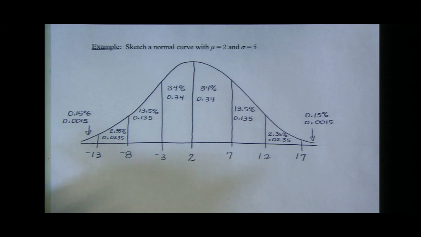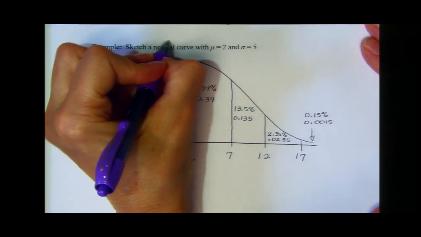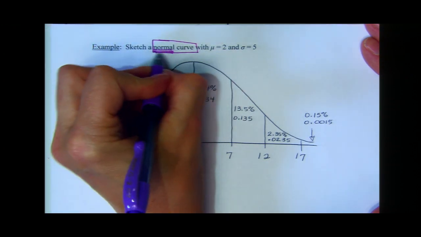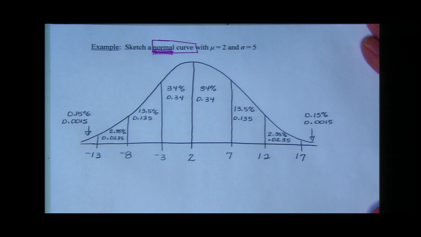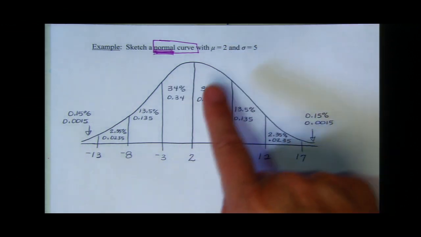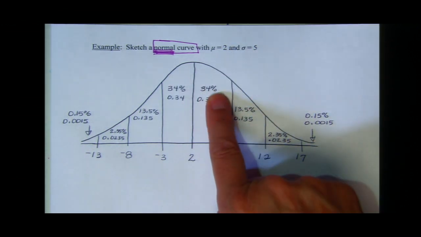Now, these percentages right here, this is a normal curve. As long as the problem states that it is a normal curve, these percentages hold true all of the time. This 34% will always be 34%.